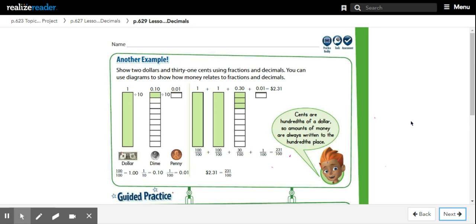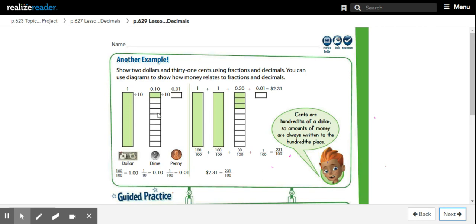So it says show $2.31 using fractions and decimals. So in this picture, they've shown that this one bar is showing $1 because there's 100 cents in a dollar. So it's saying there's 100 100ths here. That's the same as 1.